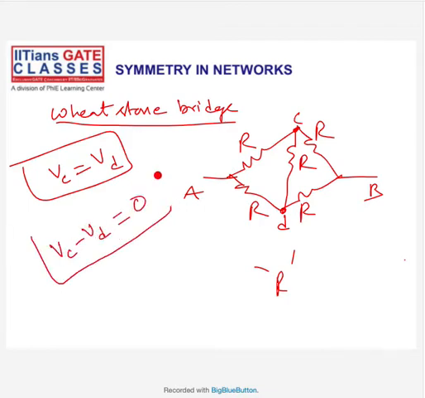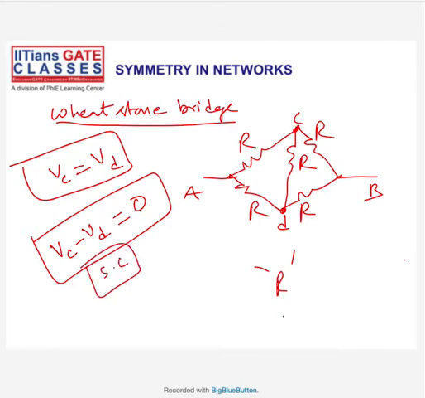What is the voltage 0 condition of a network, short circuit or open circuit? Voltage 0 is a short circuit. Correct.